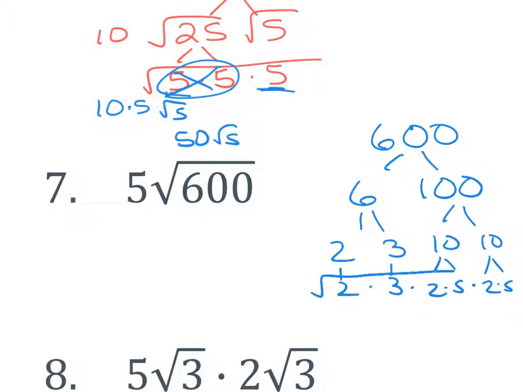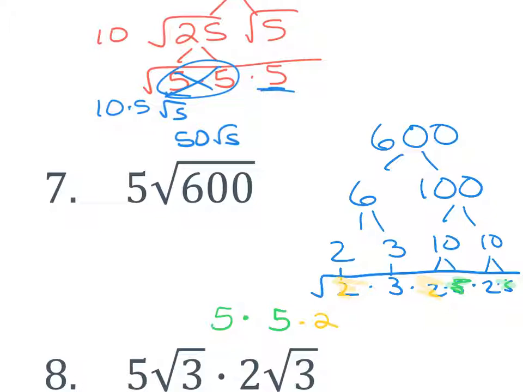And now we look for our pairs. So I have a pair of 5's. Oops, maybe I should just highlight. Let's do the pair of 5's. So a 5 comes out, and we also had the 5 out there already. Then I got a pair of 2's, so a 2 comes out.